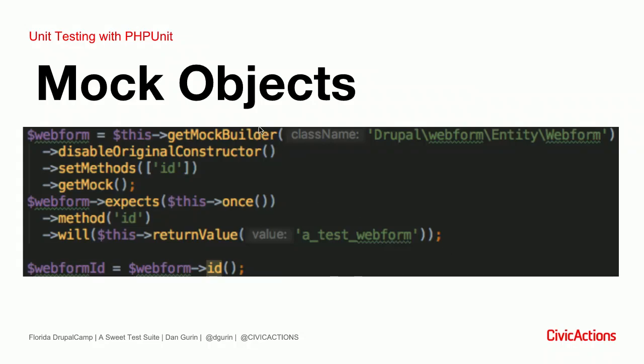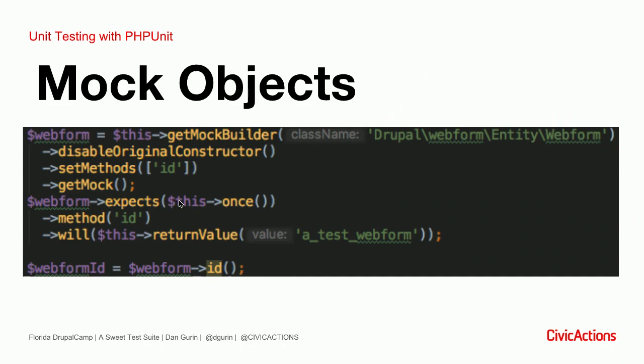So you basically can just get the mock builder for the class that you want to create the mock for, and you disable the original constructor so it does not actually create a web form object. You set the methods that you need returned. In this case, it's just an ID, and then you get the mock.